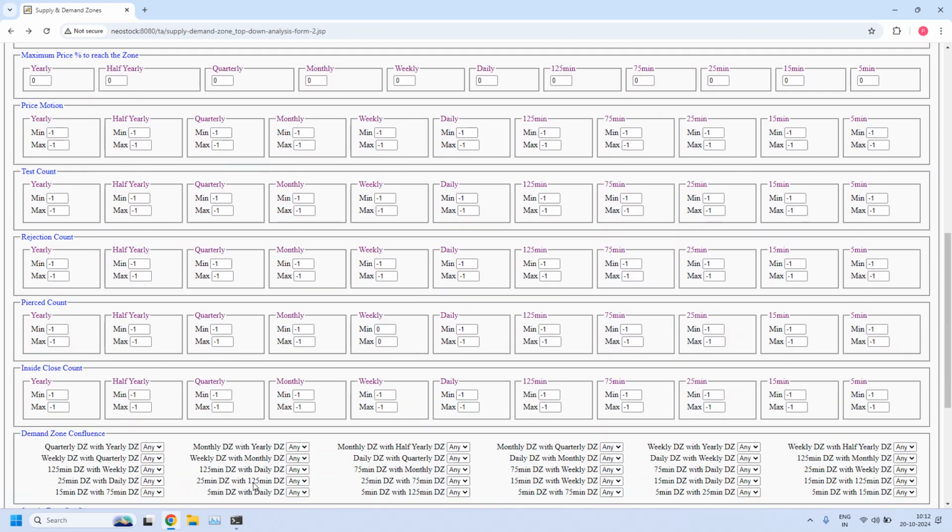We have a demand zone confluence. Currently, this is the weekly demand zone. I am adding a weekly demand zone with monthly demand zone confluence filter. What is the meaning of that? The weekly demand zone should overlap with the monthly demand zone. If the weekly demand zone overlaps with the monthly demand zone, the order flow might be much stronger.